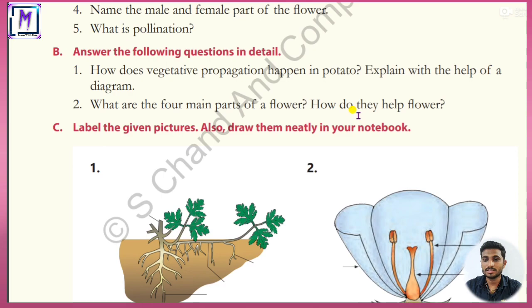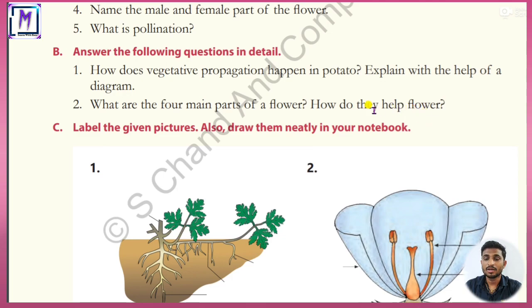Then the third part is the stamen. Stamen holds the pollen grains in its anther. That means the stamen is the male part of the flower, as it produces the pollen grains. Then the last one is the pistil, and the pistil consists of three different parts: stigma, style and ovary, which holds the ovules. It is exactly the female part of the flower.